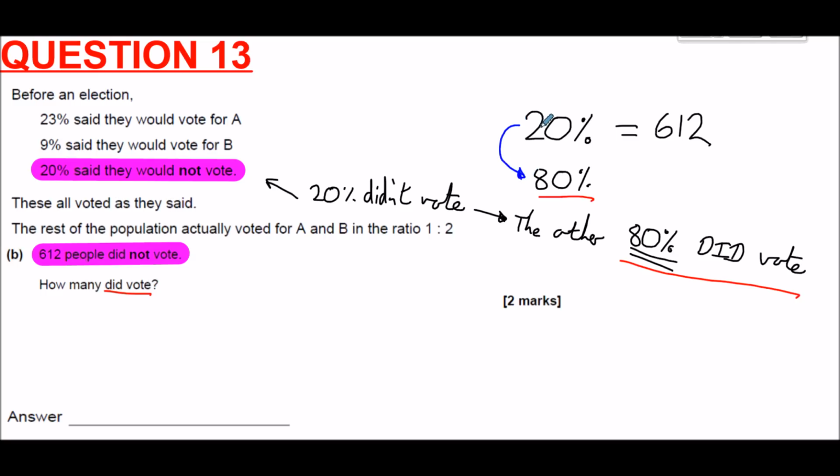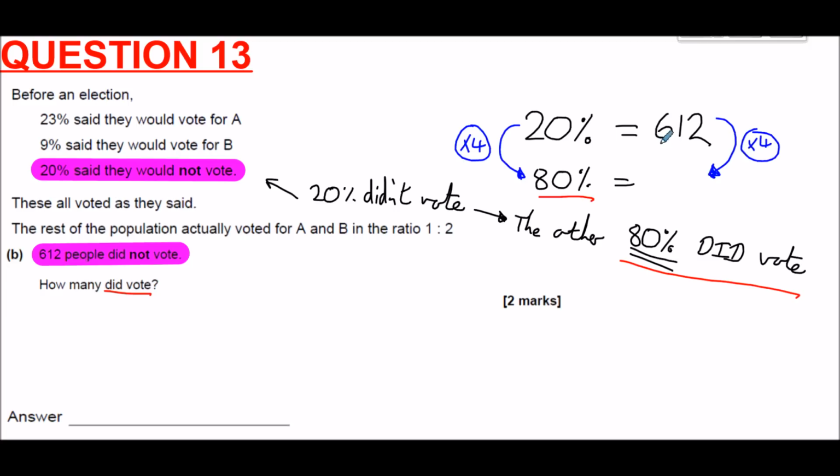What would I have to multiply 20 by to get to 80? Well, 80% is 4 lots of 20. 80% is 4 times bigger than 20%. And so if we're making this side 4 times bigger, to keep the balance right, we need to do the same over here and make this number 4 times bigger too.